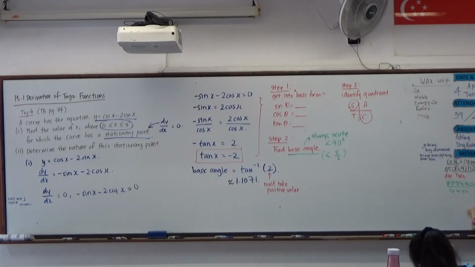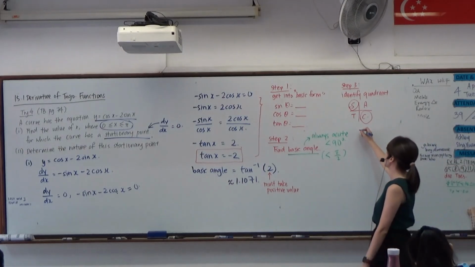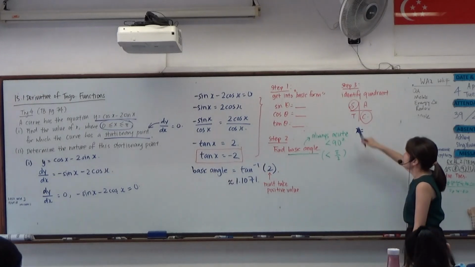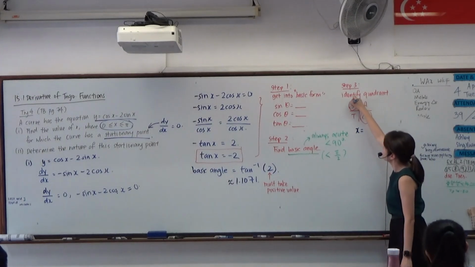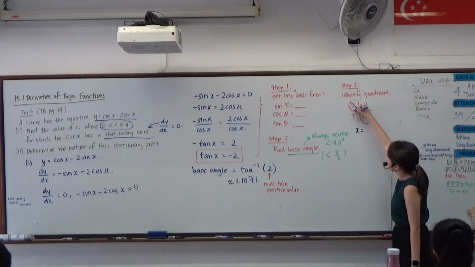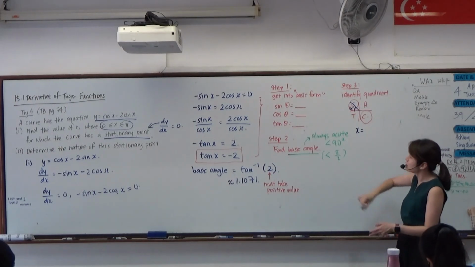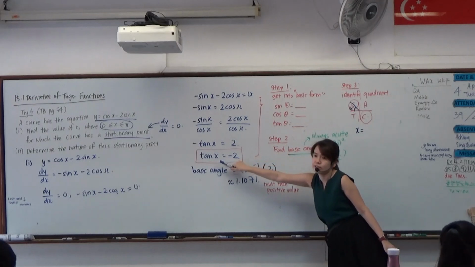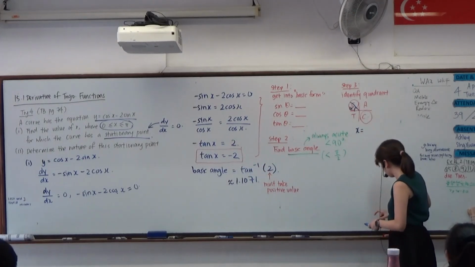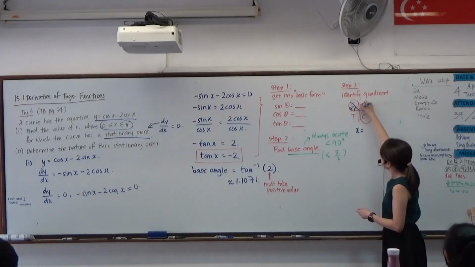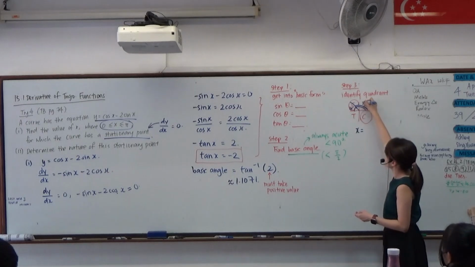So because we have identified the quadrant already, then I can find the angle. In the second quadrant, the basic angle is over here, that's your alpha, but our angle theta, in this case x, will actually be this entire angle here.